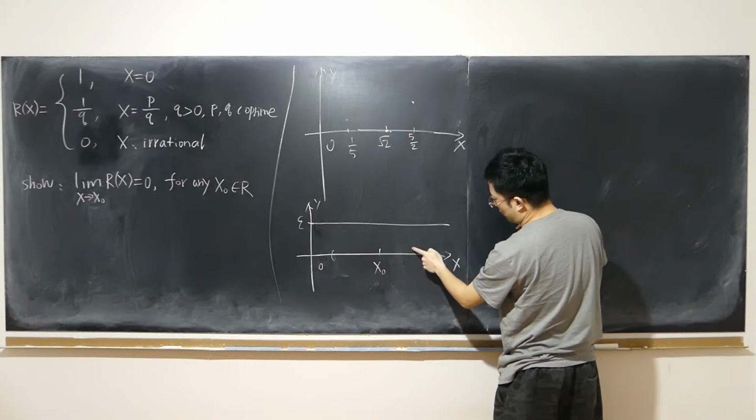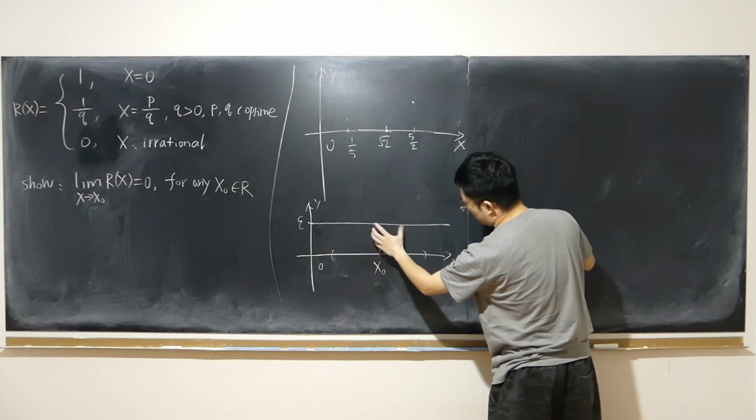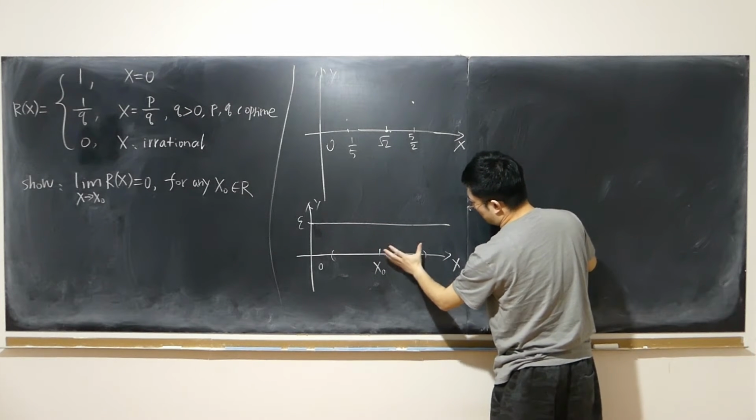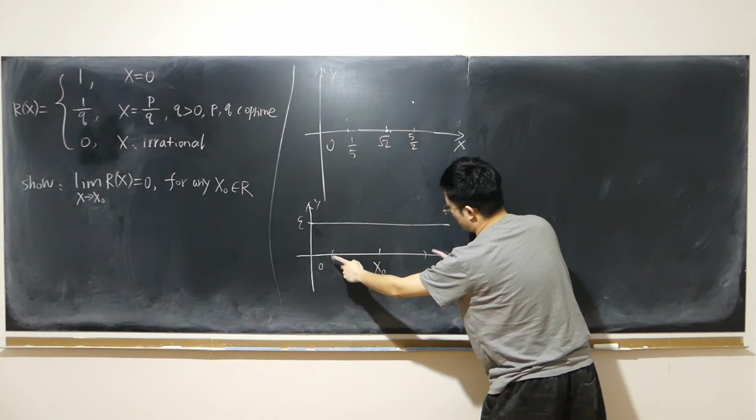The functional value could be here, there, but below this line, in this deleted neighborhood. Can we do that?